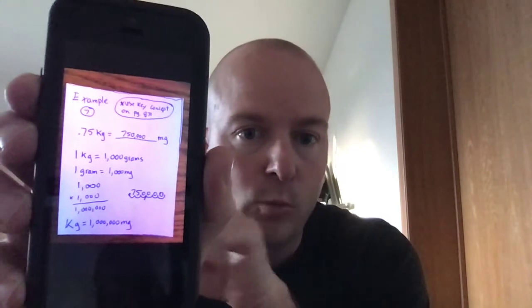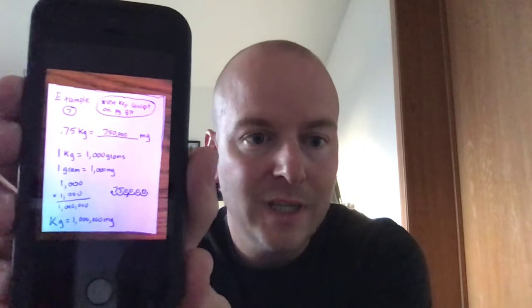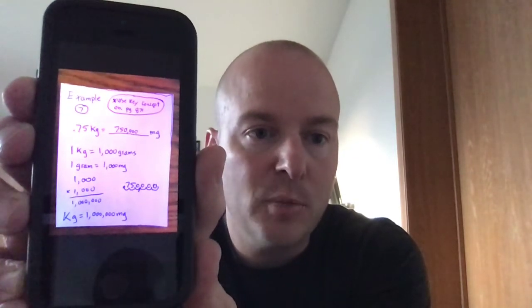And you simply get to do that little whirly thing I have shown there: you move that decimal 6 places to the right, because 0.75 kilograms and 750,000 milligrams are equal.